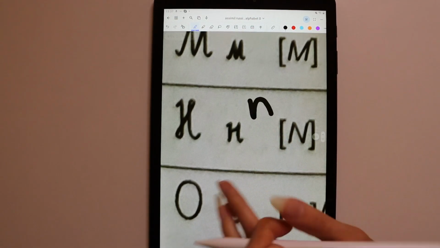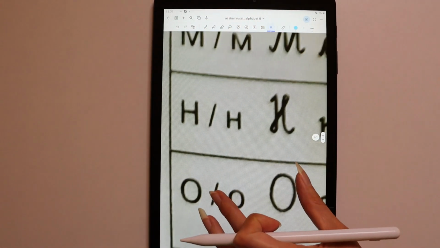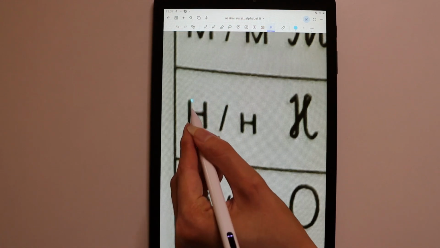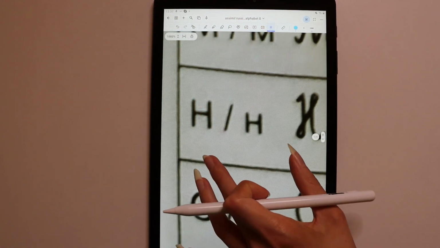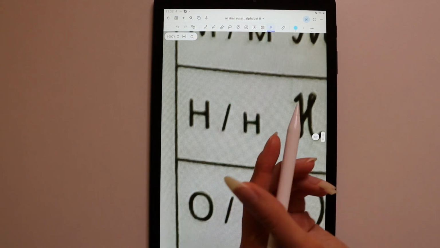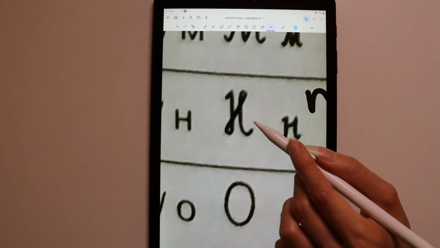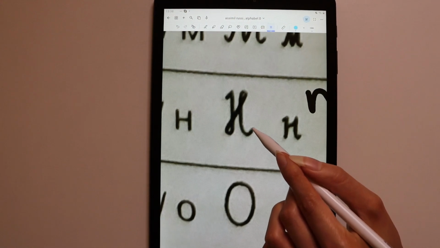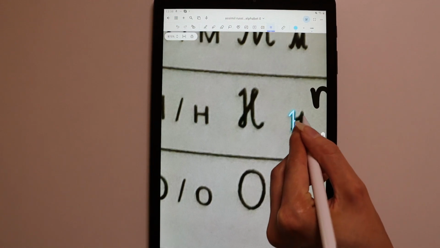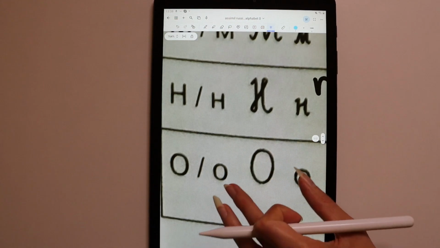So as in no, night, and so on, but it looks like an H, but it is an N. Again, both versions of the letter look the same, but the lowercase letter is a bit smaller. And also the cursive letters, at least this one, is written like the cursive H in the Latin alphabet, but it is still an N sound. And this is the smaller cursive font, N. So this is N.